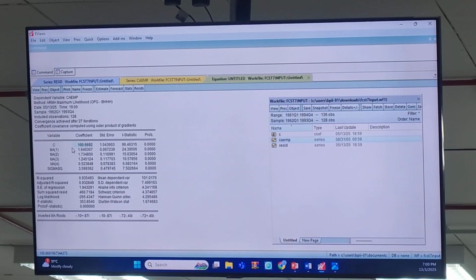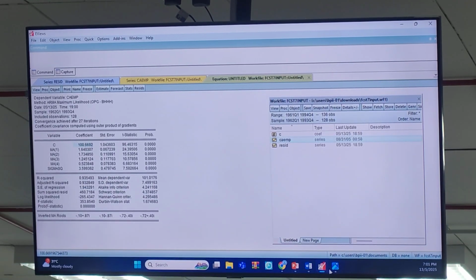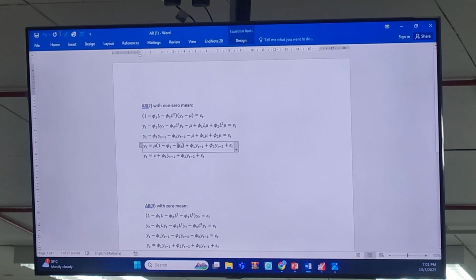But the C in EViews gives us an estimate for the mean. Remember this C is not an estimate for the whole constant. For MA, yes, it's true. But for the case of an AR model, the C in EViews gives us an estimate for this, not the whole constant.